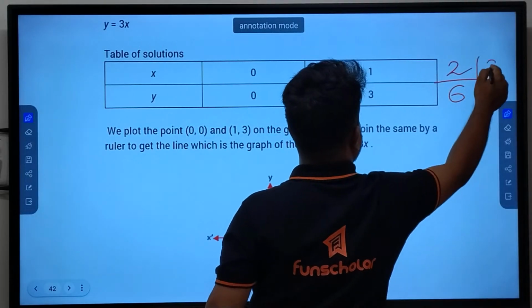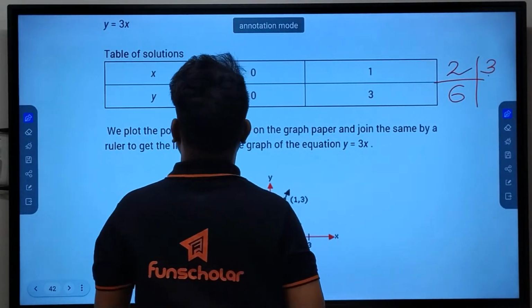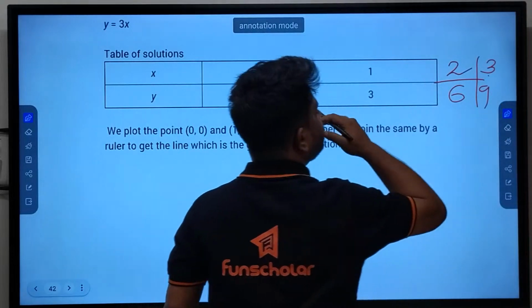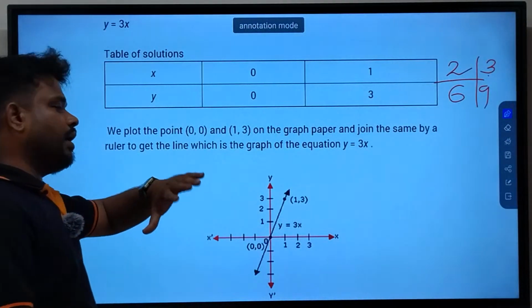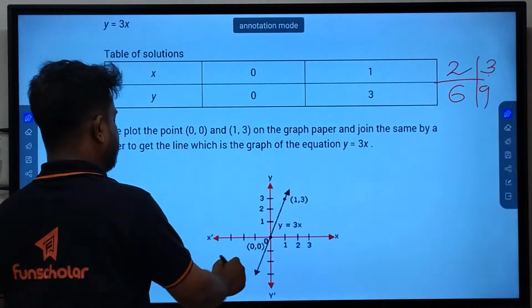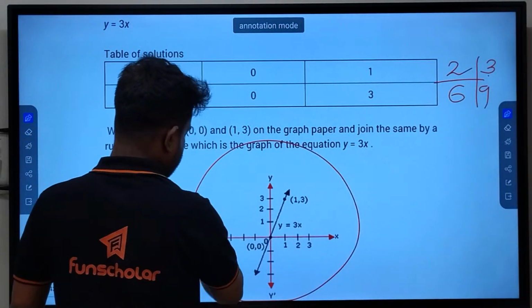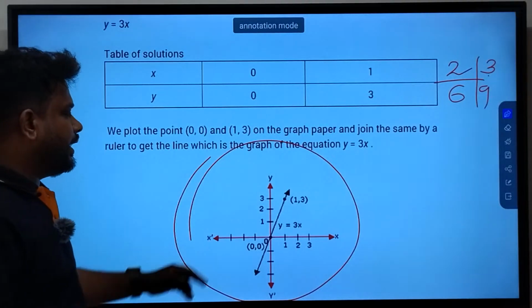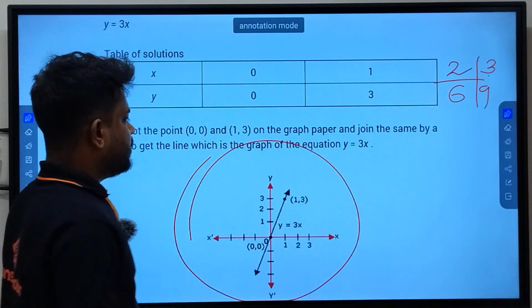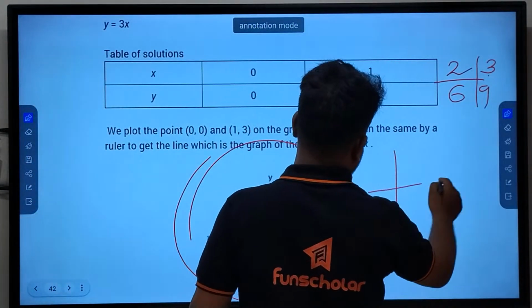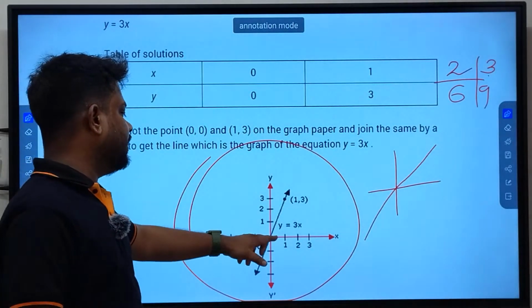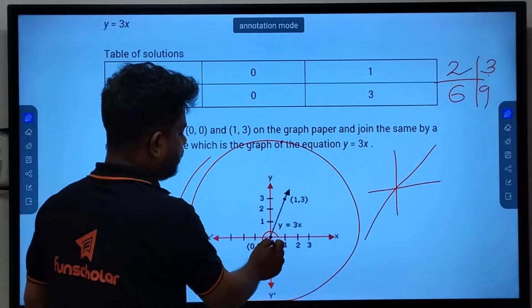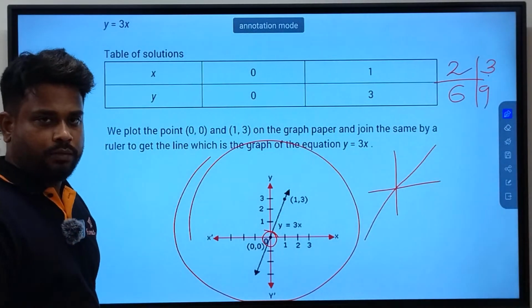If I take 3, then the value of y will be 9, and this will go on. If I plot all the points on the graph paper, the picture will look like this. So it will go through the point 0, 0.